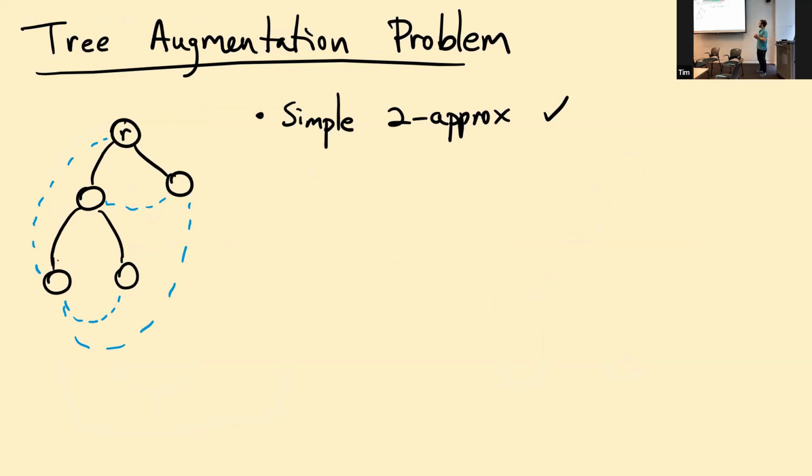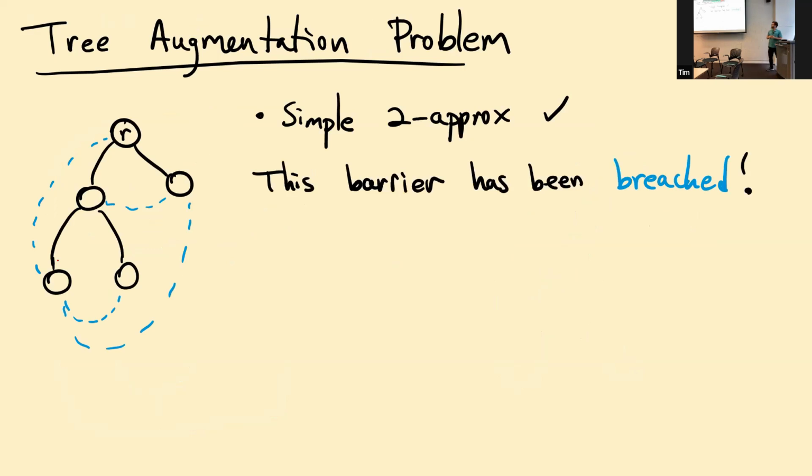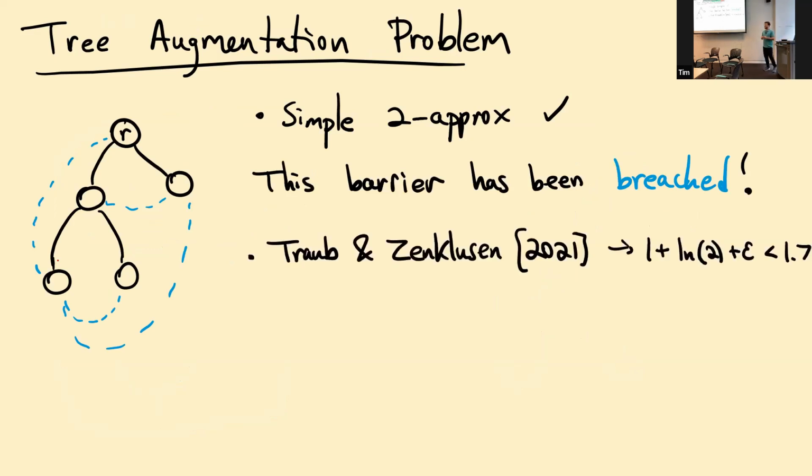The problem was introduced in the 1980s, and until very recently, two was the best known approximation ratio. But yeah, there was a major breakthrough recently. I think they actually gave a talk here at one of these theory lunches. Traub and Zenklusen managed to get a better than two approximation for the tree augmentation problem.